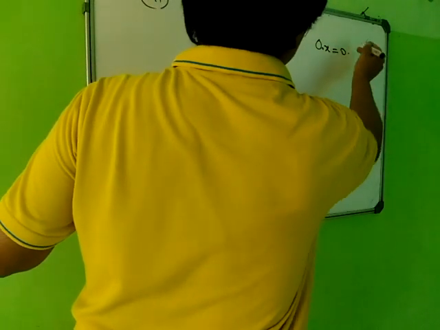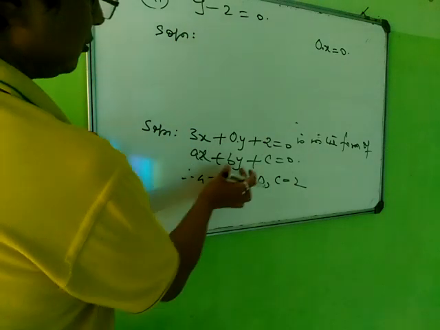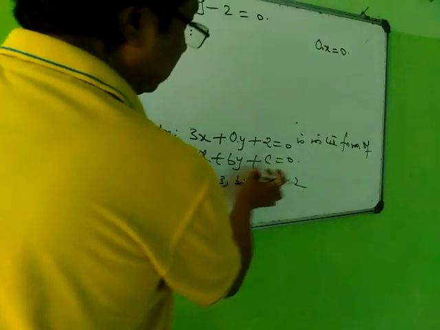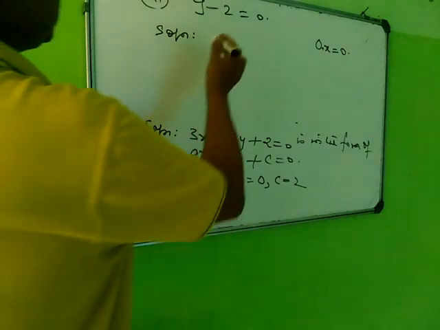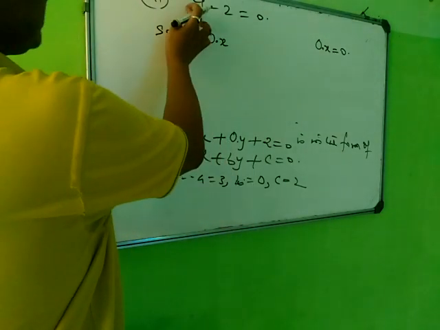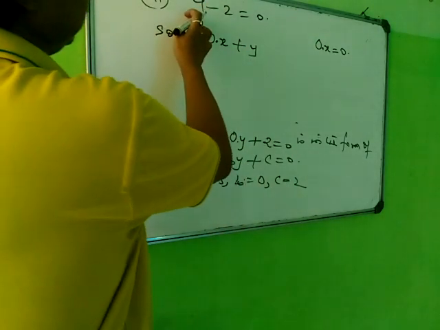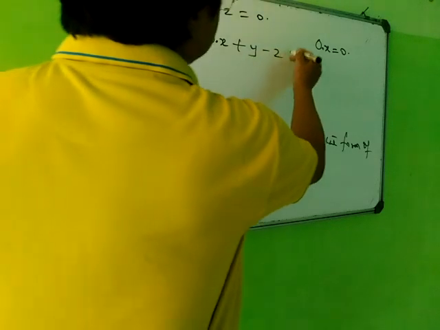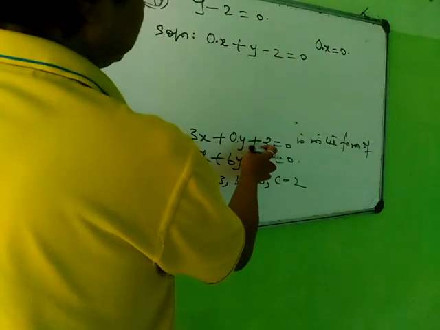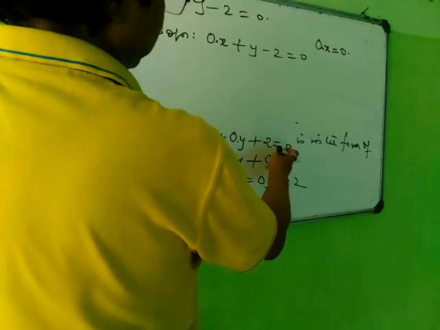So here the first will be x, next will be y, the last will be the constant term. So it will be 0 into x, so 0 plus y, so plus y. Then minus 2. So the constant comes in the last. So the constant minus 2 equals to 0.